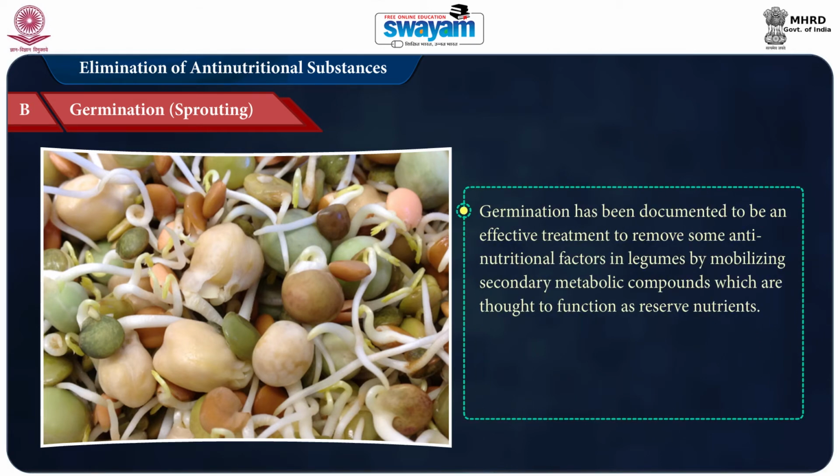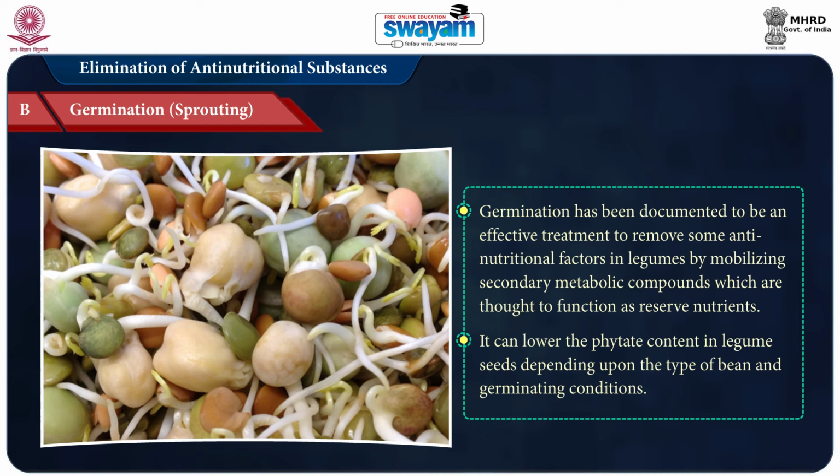Germination has been documented to be an effective treatment to remove some anti-nutritional factors in legumes by mobilizing secondary metabolic compounds which are thought to function as reserve nutrients. Germination can also lower the phytate content in legume seeds depending upon the type of bean and the germinating conditions.